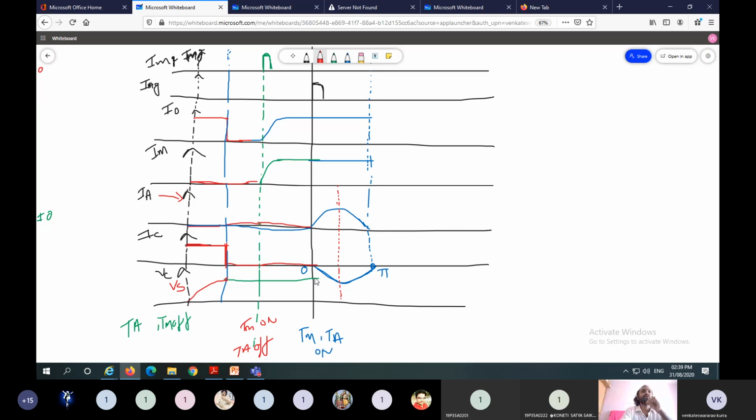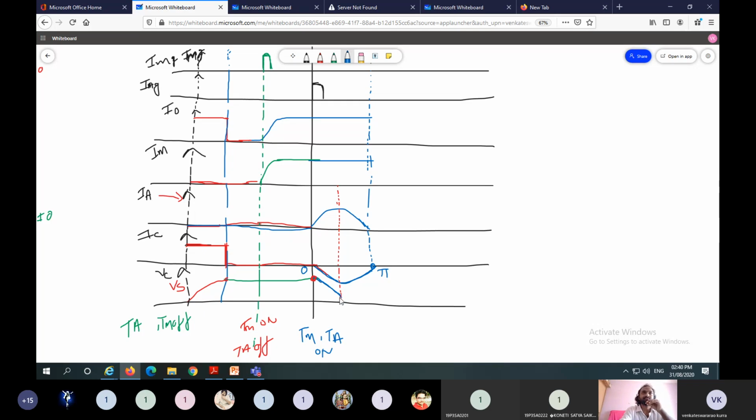At this point, the capacitor voltage is Vs. Once the capacitor starts discharging, the current flows and the voltage across the capacitor decreases like this.